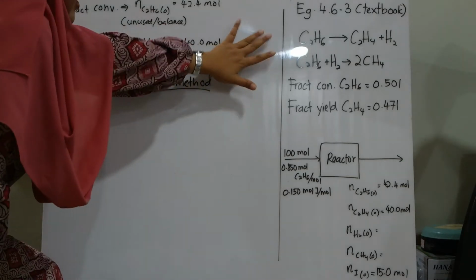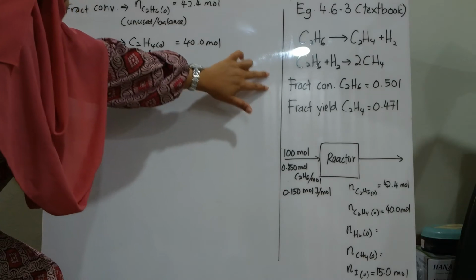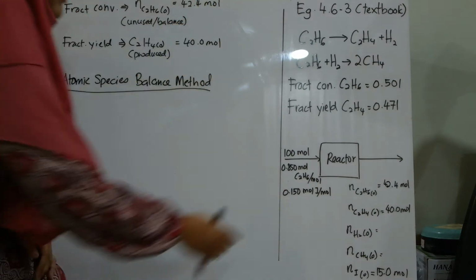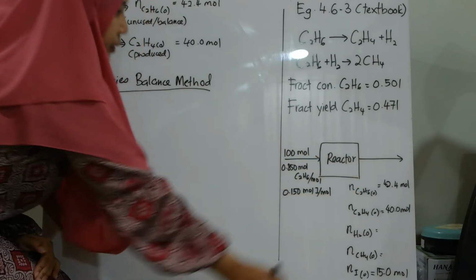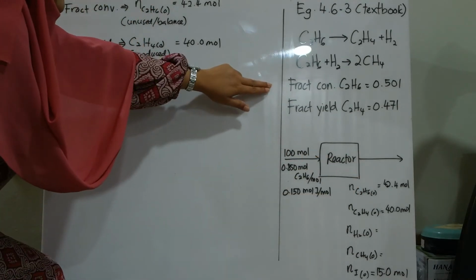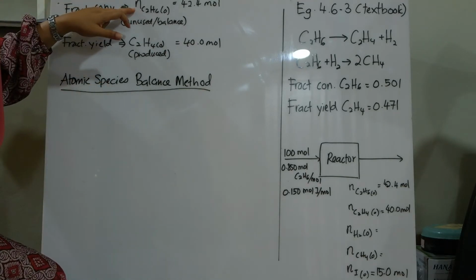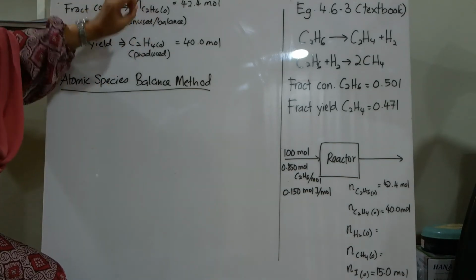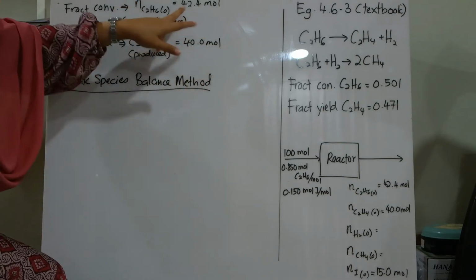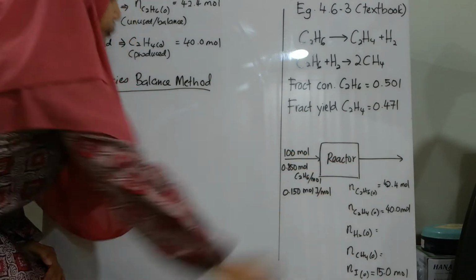Some of the information gives us the product that goes out from the product line. From fractional conversion, we get the amount of C2H6, or ethane, unused that goes out from the process, where you get 42.4 mole. So we write it here.